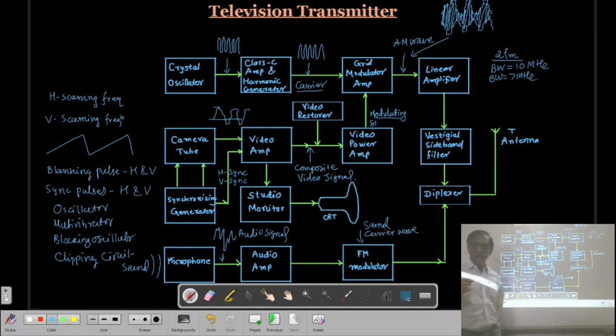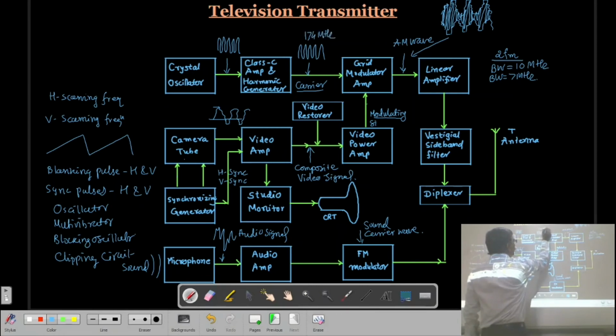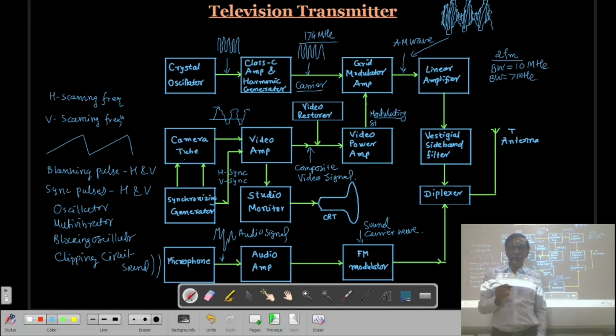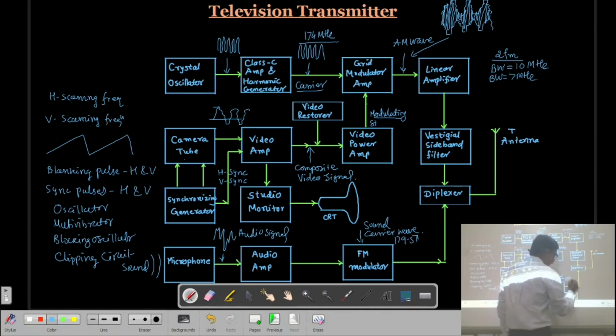And what is important is that the sound carrier wave is always higher than the picture carrier wave. So if the picture carrier wave is 174 megahertz, then the sound carrier wave will be higher by 5.5 megahertz, so the sound carrier will be 179.5 megahertz.